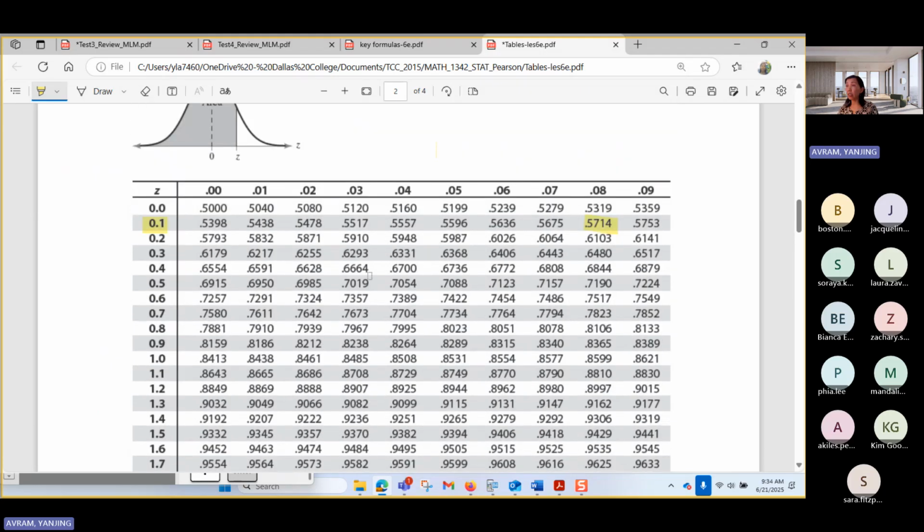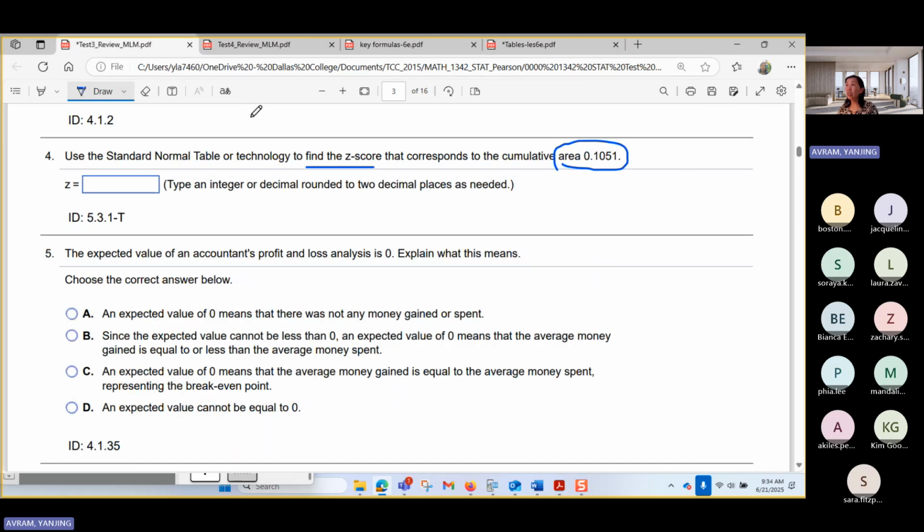So when you know the Z-score and want to find the area, it's really easy because the Z-score is so organized. But the area is also organized, just a little bit harder to find, okay?